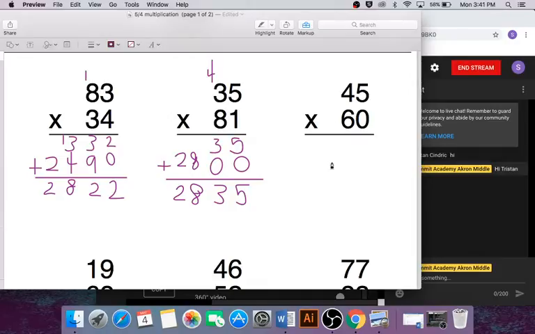For our next one, we have 45 times 60. So we start with our 0. We're going to multiply both numbers by it. So 0 times 5 is 0, and 0 times 4 is 0. We're going to move over, so we're going to put a 0 to hold our place value. 6 times 5 is 30, so we're going to put down the 0 and carry the 3. 6 times 4 is 24, plus 3 is 27.